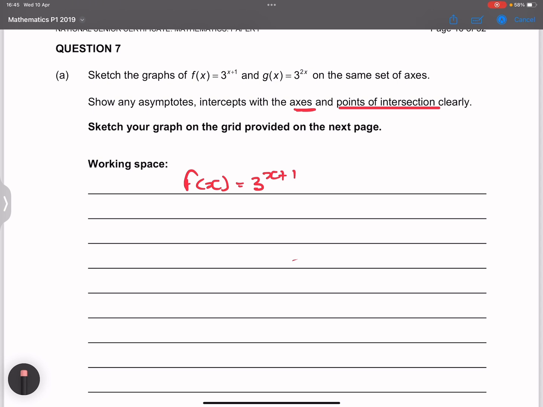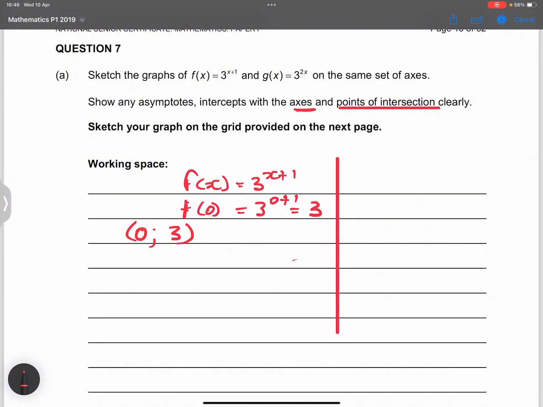So first of all, let's find the intercept. When x is 0, I'm starting with f of x. We're going to do g of x on the other side. So this is going to be 3 to the 0 plus 1. So what is that? We're going to have 3. So we know that when x is 0, y is 3.